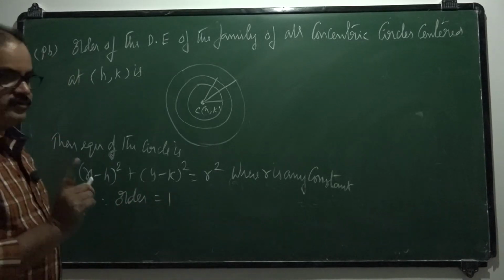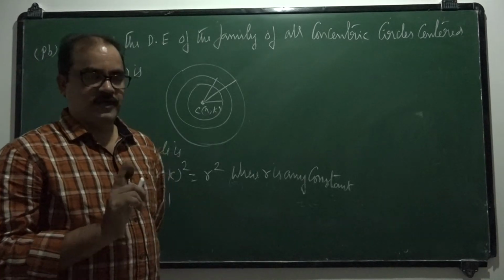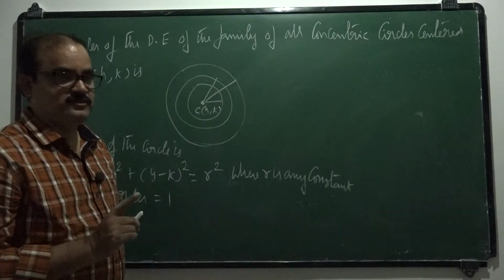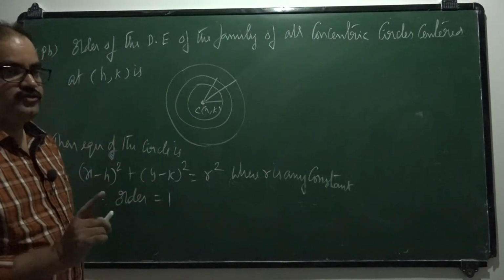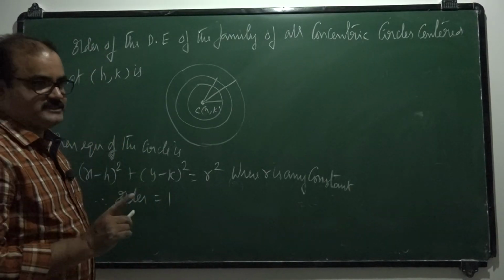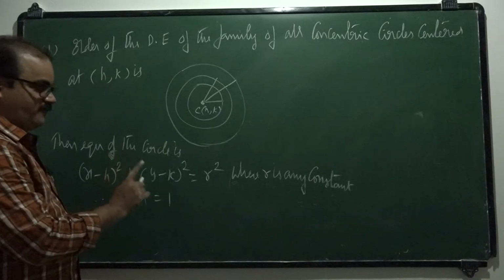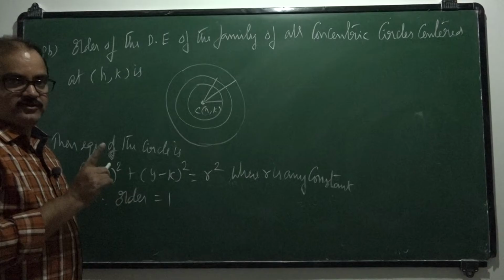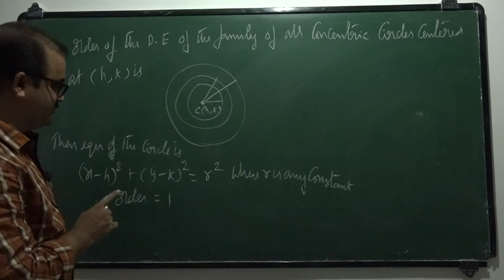We discuss one definition in differential equation: general solution. It is the solution in which the number of arbitrary constants is equal to the order. Then only that solution is called a general solution.